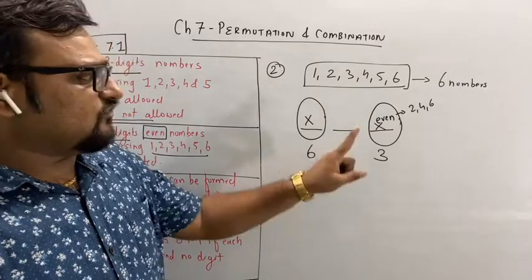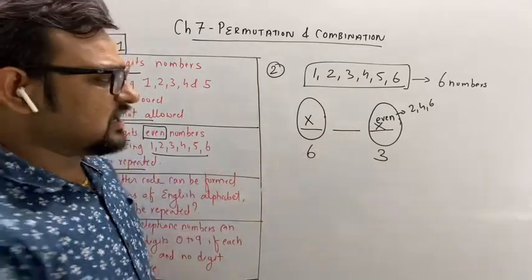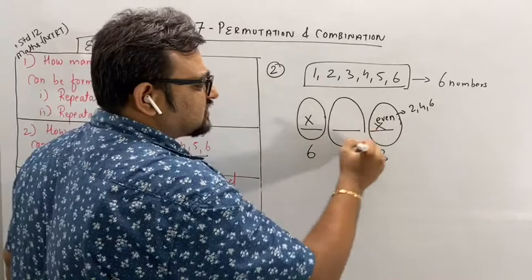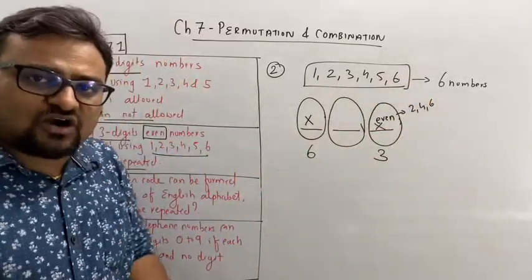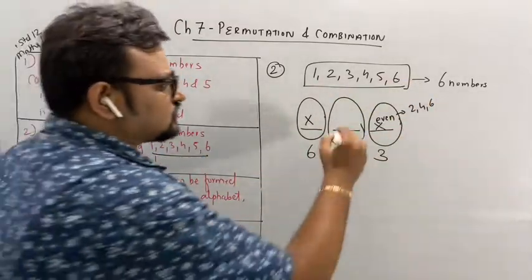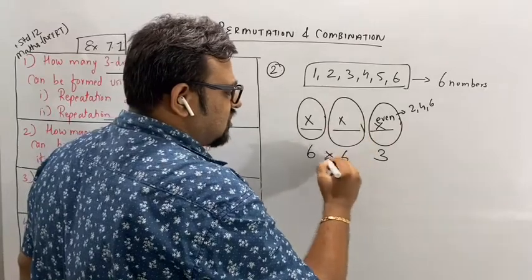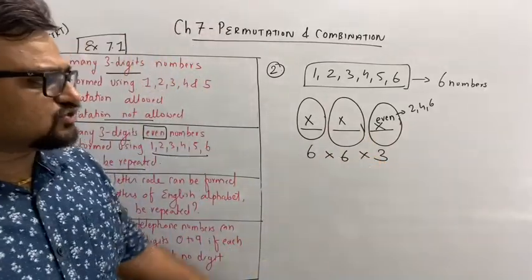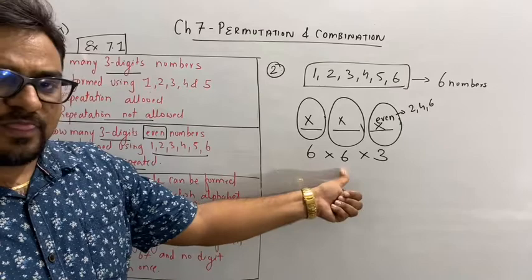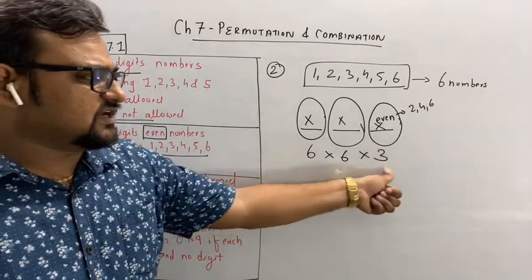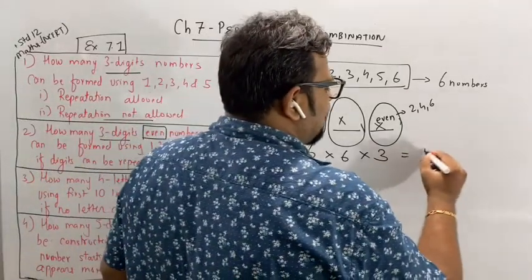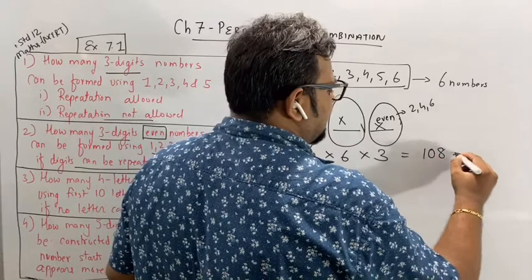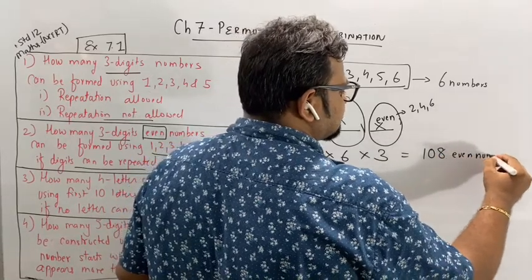Clear? For this place again I will have 6 options, because I can repeat. So 6 into 6, 36. 36 into 3 will be 108 even numbers.